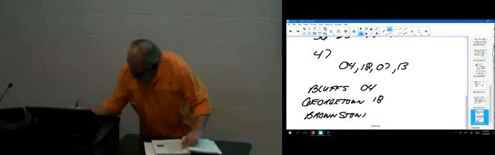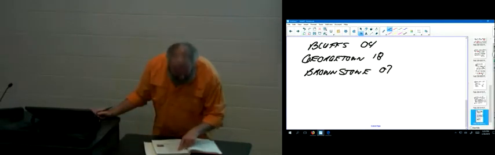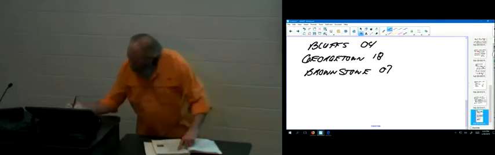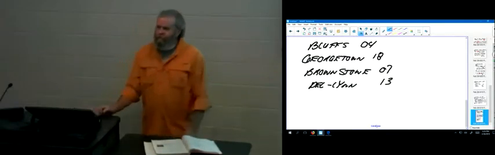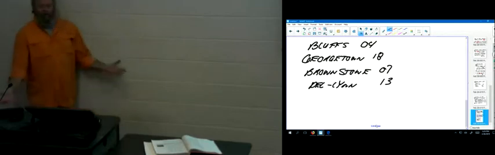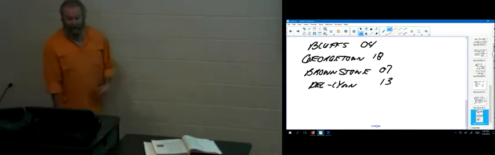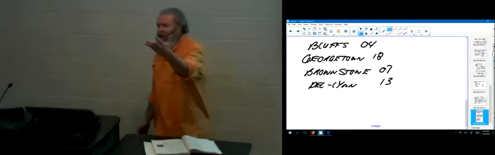That's the one that has 07. And then the one that has 13. I think. Right? So the 4 you're going to choose is the Bluffs, the Georgetown, the Brownstone, and Dell Lynn. As long as I numbered everything right down the columns.